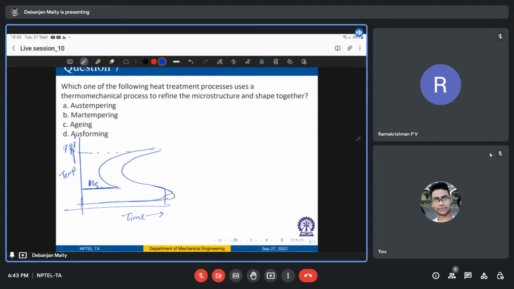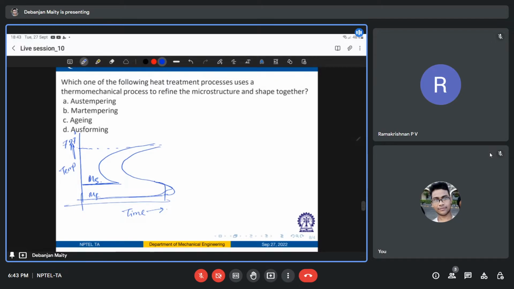This is where martensite starts, and this is where martensite finishes. And in terms of tempering, what happens? Say from here you are starting your cooling.